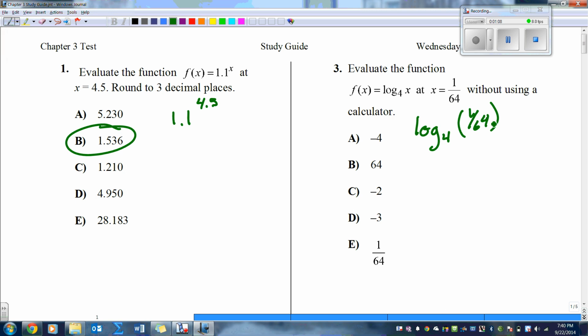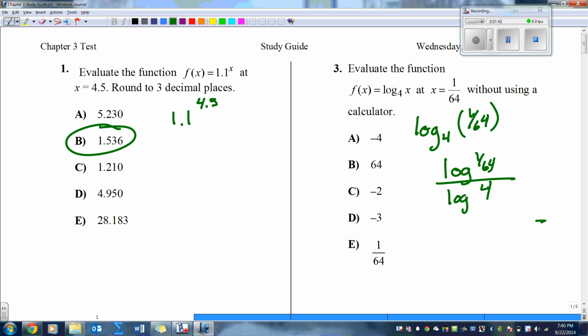If all you have is an 84, then you would use your change of base formula, log of 1 over 64 divided by log 4. Either one of these will give you your answer. So I have log base 4 of 1 divided by 64.